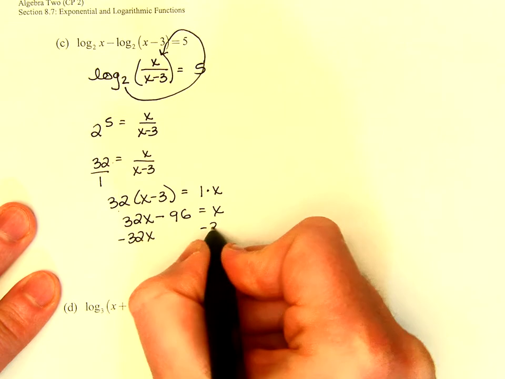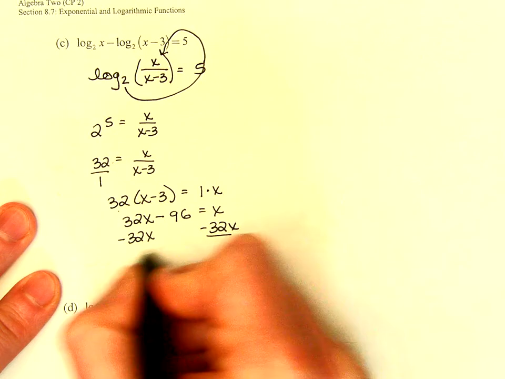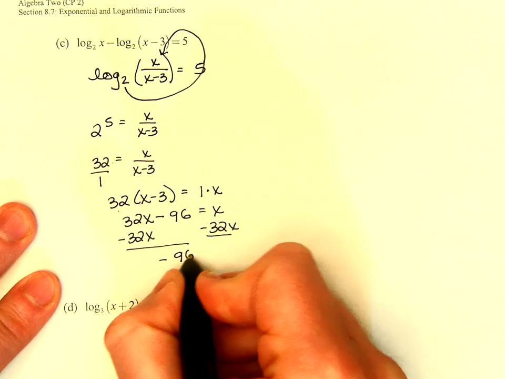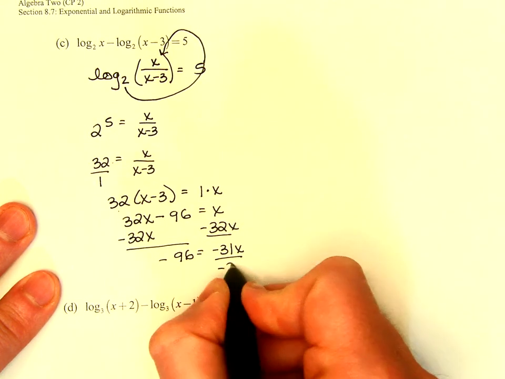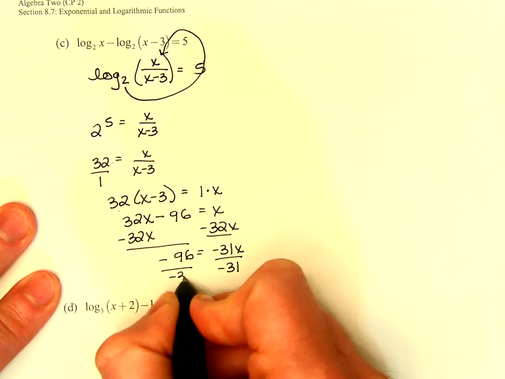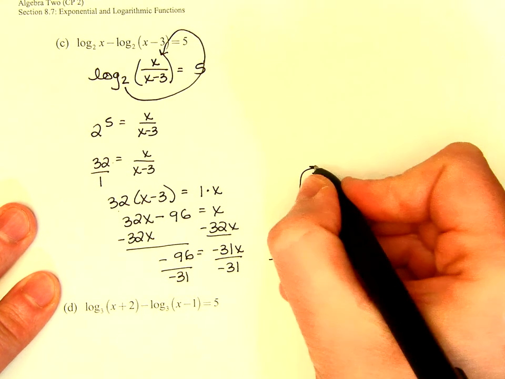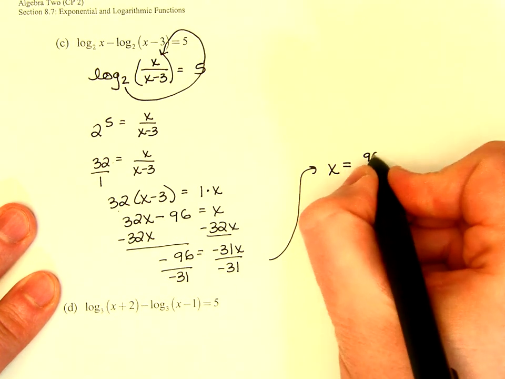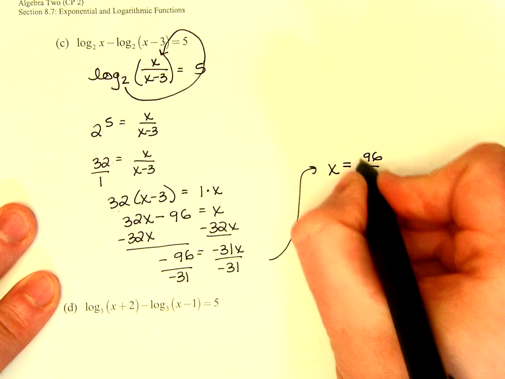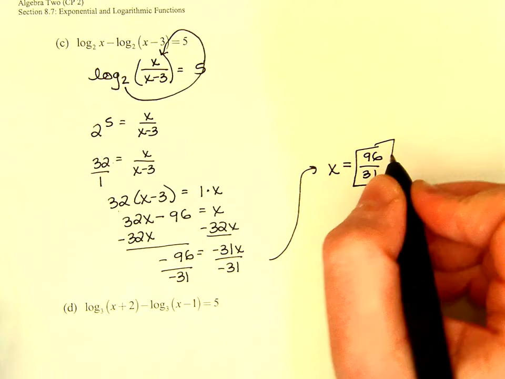Subtract 32x from both sides. Negative 96 equals negative 31x. Divide both sides by negative 31. Here, because we can give an exact answer, let's give an exact answer rather than a decimal rounded on the calculator. I'm going to say x equals 96 over 31.